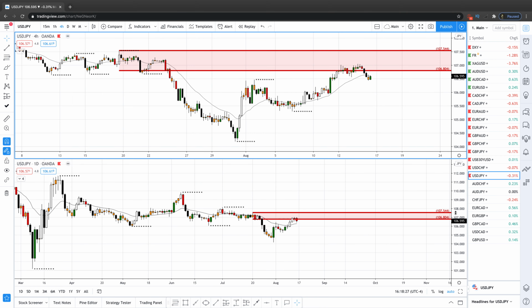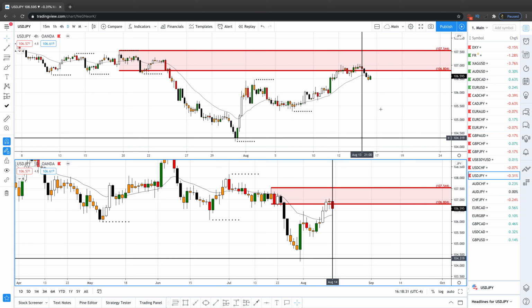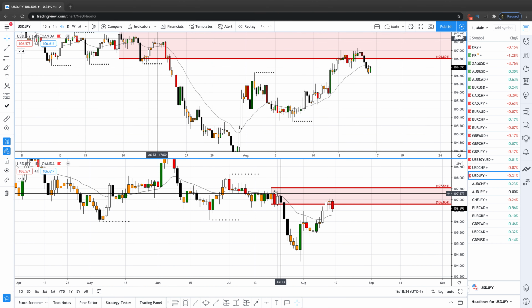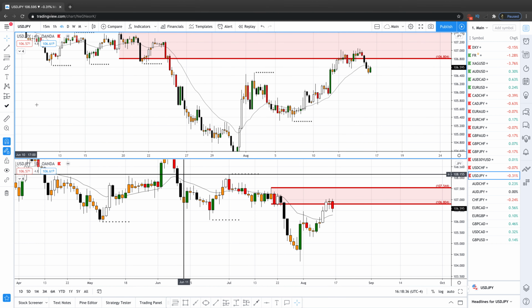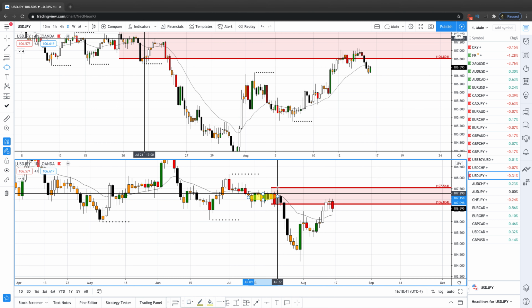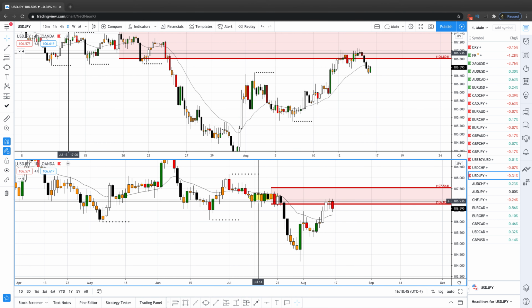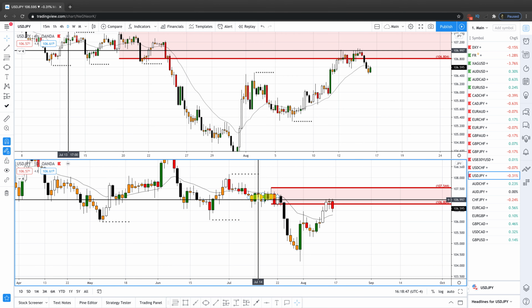And last one, US dollar yen. Looking to go short. Talked about this area. It's a lot of trading here, not the greatest. You don't really want to see all that trading there. I don't know why it's doing that. But it did work.